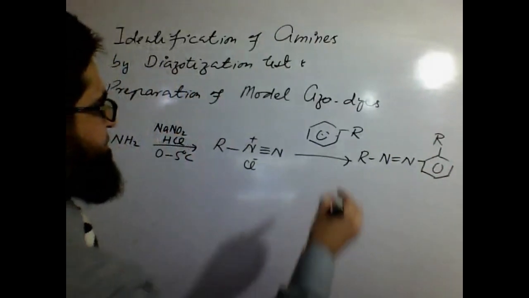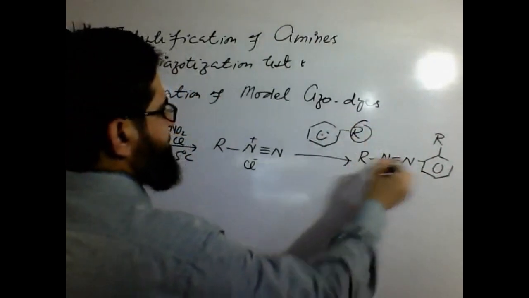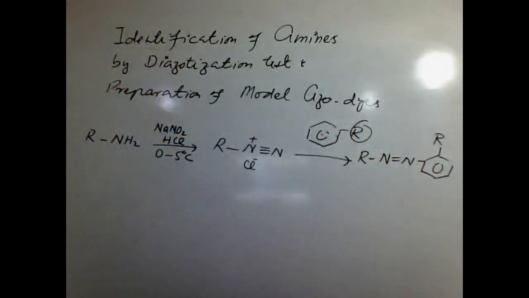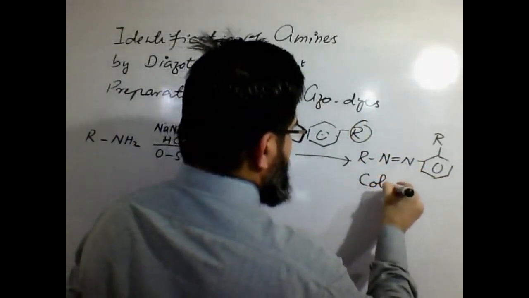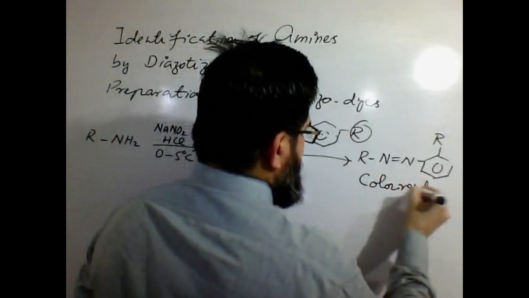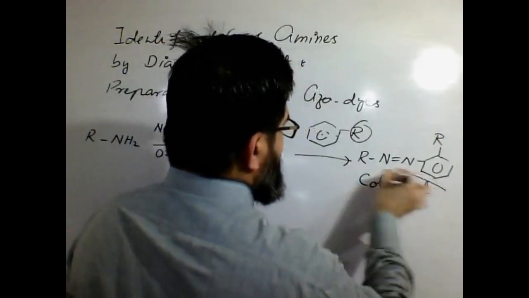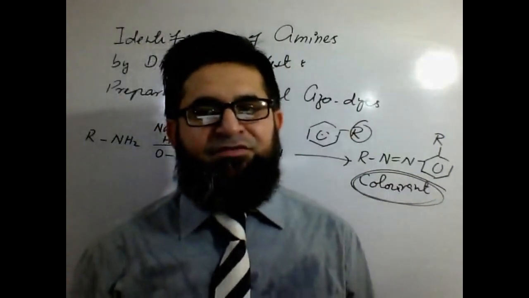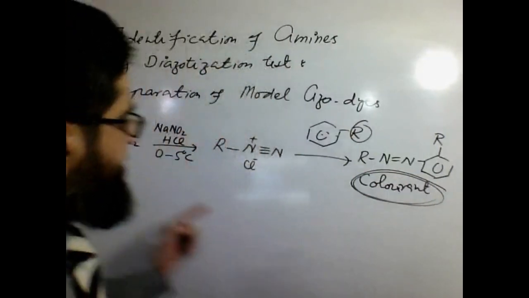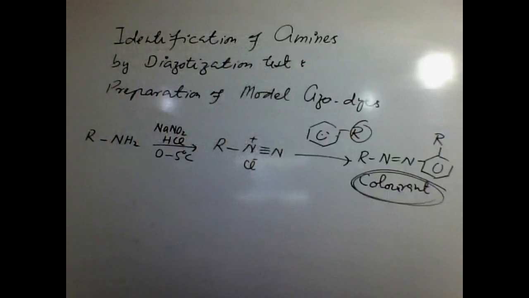So whatever the nature of this compound, one will get the corresponding product. This product is supposed to be some sort of colorant, and the generation of color in the flask represents that the given compound was an amine.